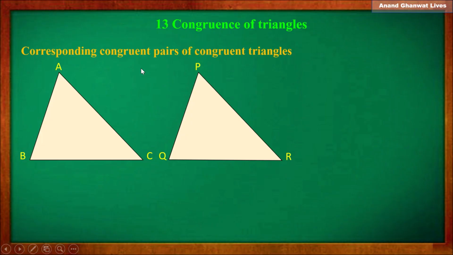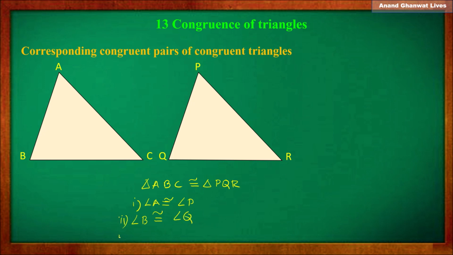Now, corresponding congruent parts of congruent triangles. If triangle ABC is congruent to triangle PQR, then we can say that angle A is congruent with angle P, angle B is congruent with angle Q, and angle C is congruent with angle R. Also, segment AB is congruent with segment PQ.